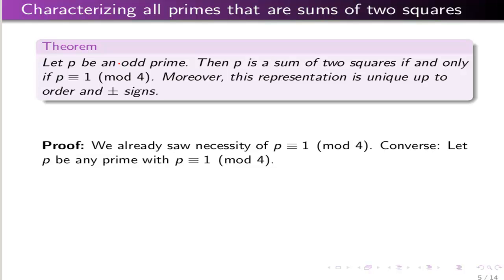So let p be an odd prime, then p is a sum of two squares if and only if p is congruent to 1 mod 4. And moreover, this representation is unique up to order and plus or minus signs.